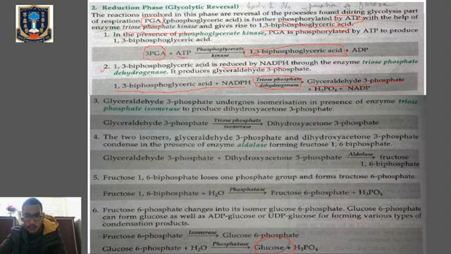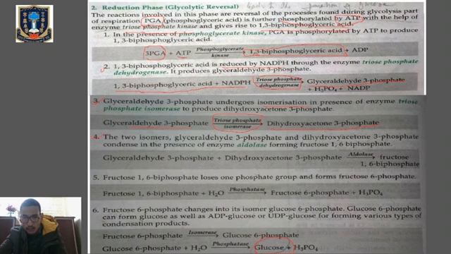Now, this glyceraldehyde 3-phosphate undergoes isomerization in the presence of the enzyme triose phosphate isomerase to form dihydroxyacetone phosphate.